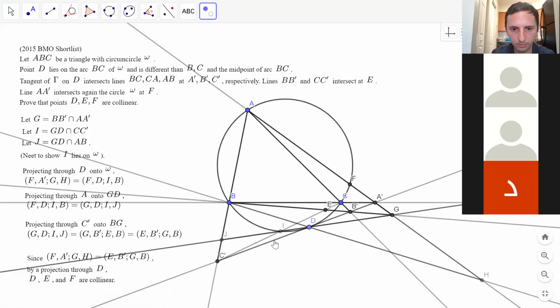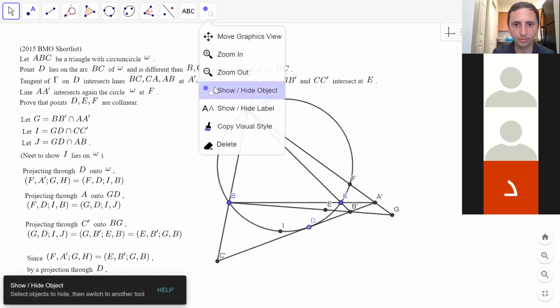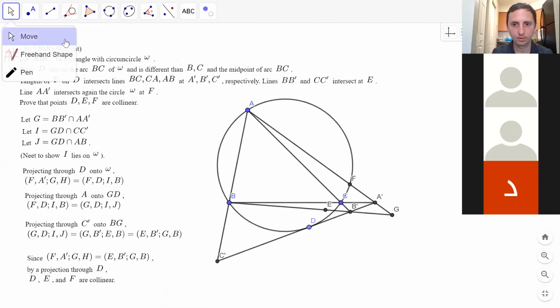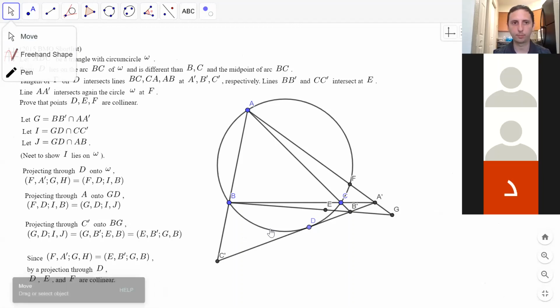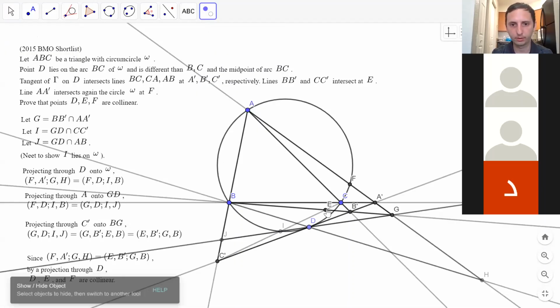Okay. So basically I need to show in this figure GD and CC prime, I want to show they meet on the circle. I can hide point E.